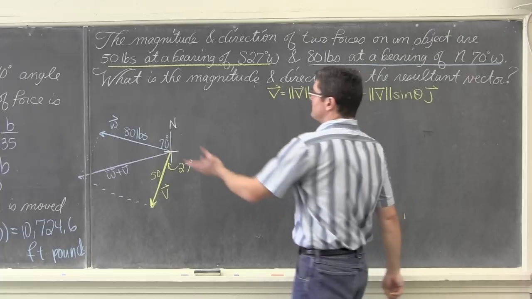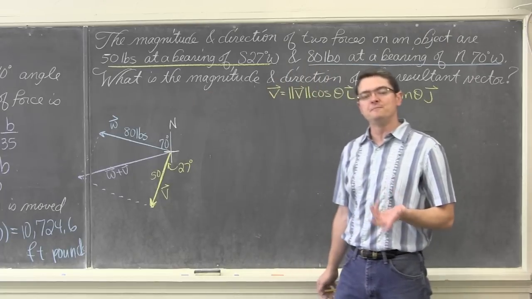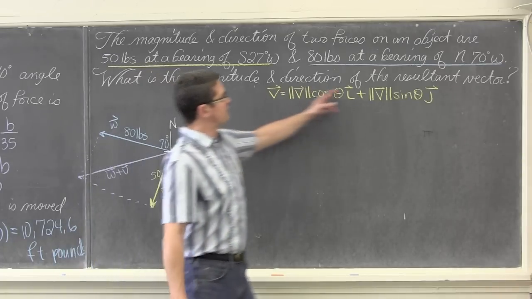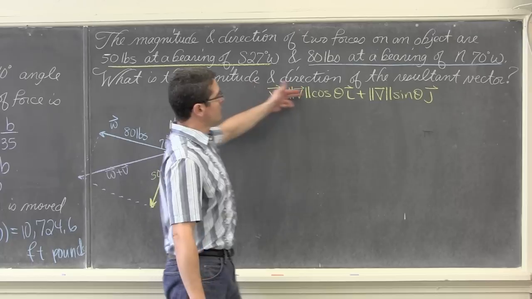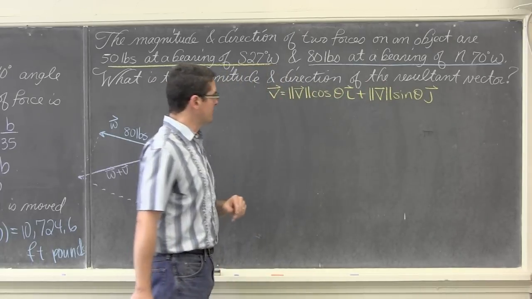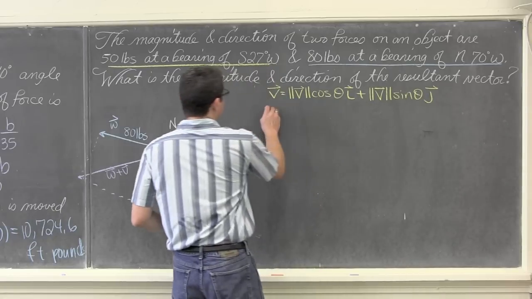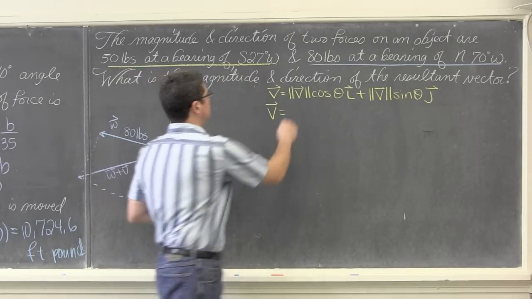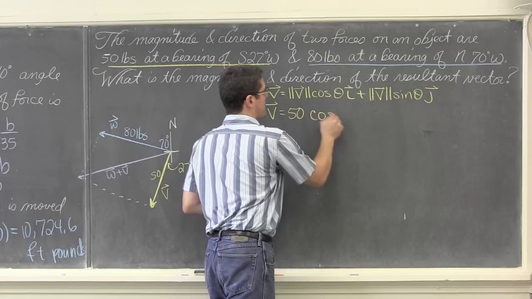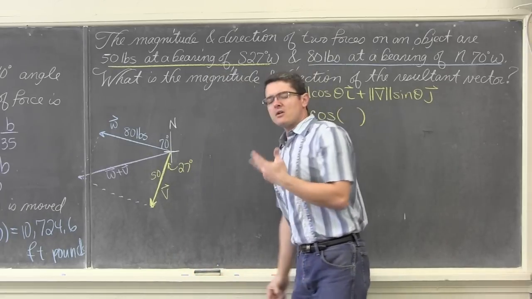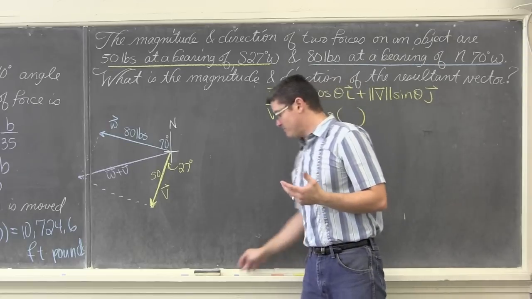Okay, I can't do anything until I have my vectors in component form, the horizontal and vertical components. And this is the formula, which I showed you in an earlier video, where it comes from, that we're going to use to do that. So, vector V is going to be its magnitude, which is 50, times the cosine of the angle. See, our calculators don't understand bearing.